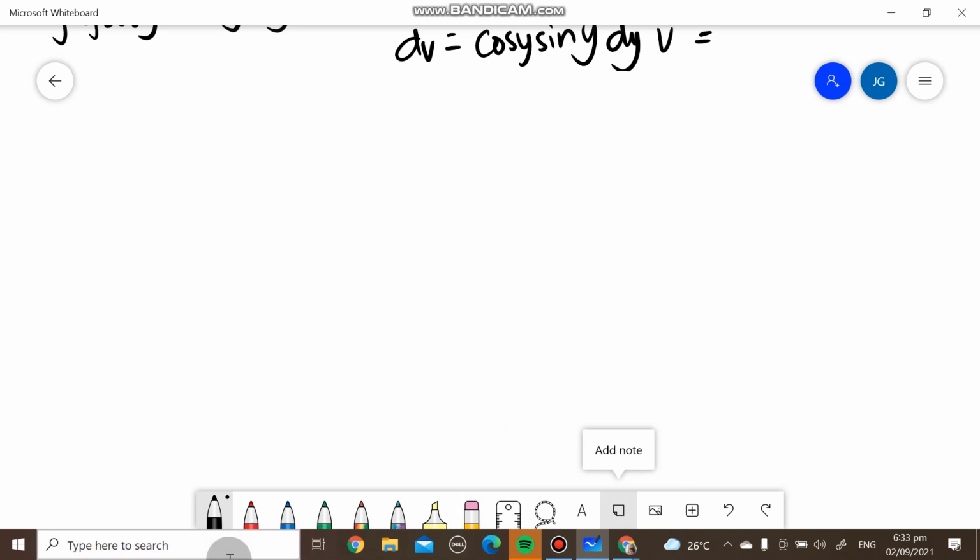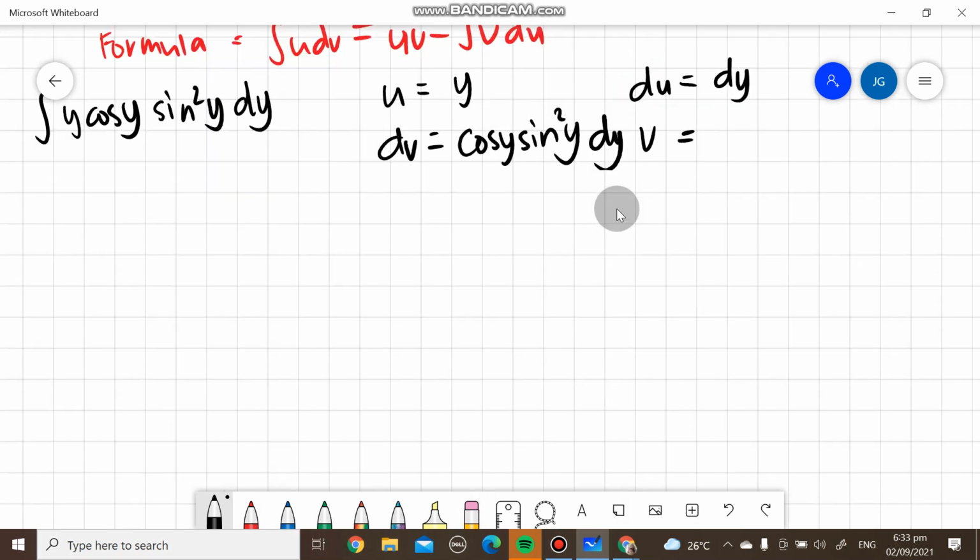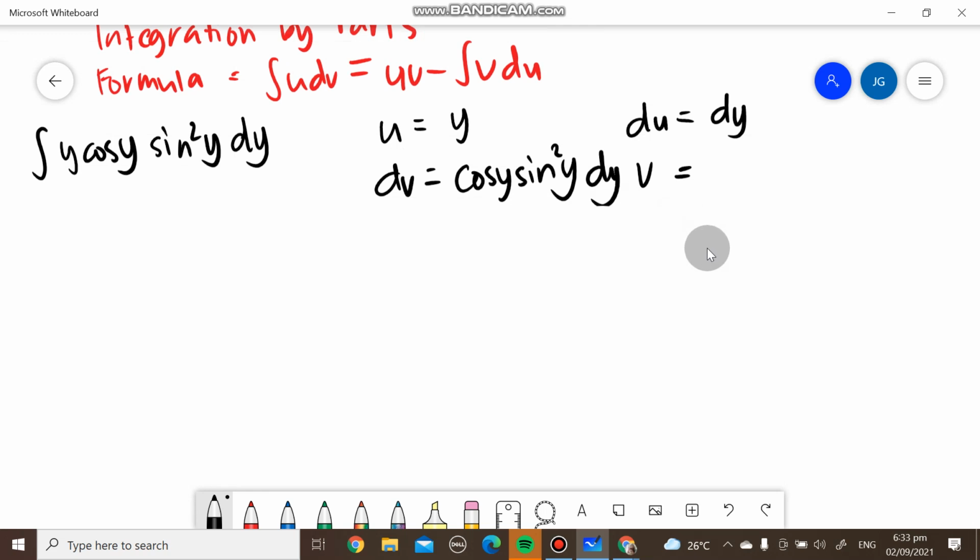So, ang sinabi ko kanina, the value of our v here is 1/3 sine cube y. Okay, so let's head on and plug it to our formula.